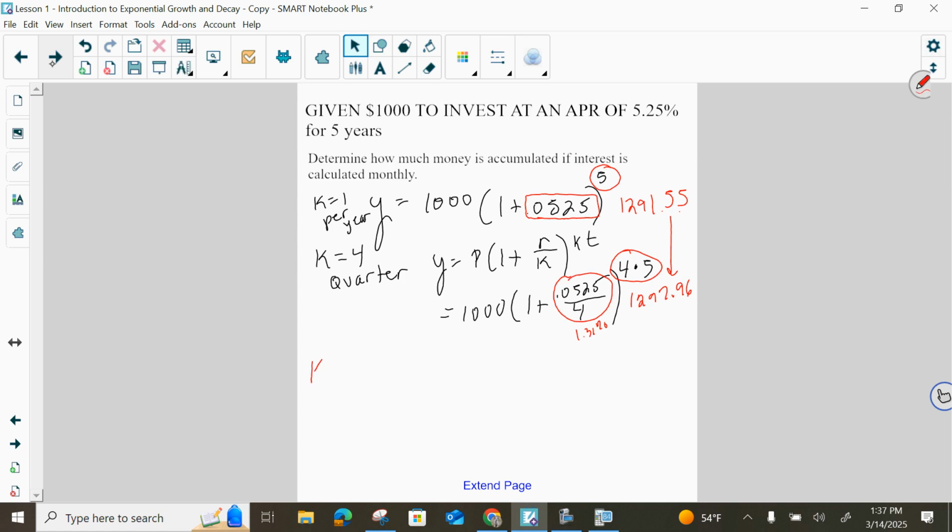Let's say K is 12, so that's my checking account. If I'm investing $1,000 at 0.0525, but I'm compounding it 12 times a year, I'm going 12 times 5.